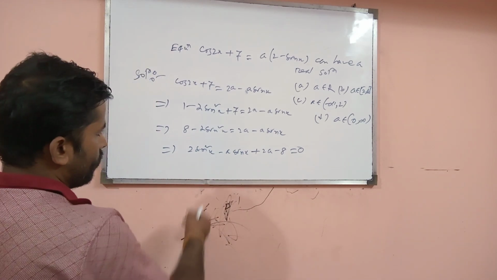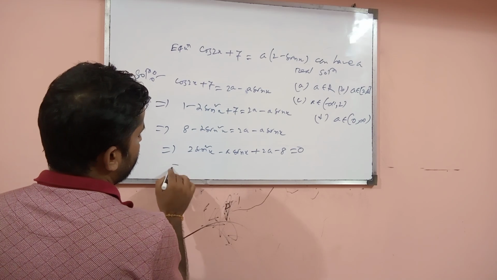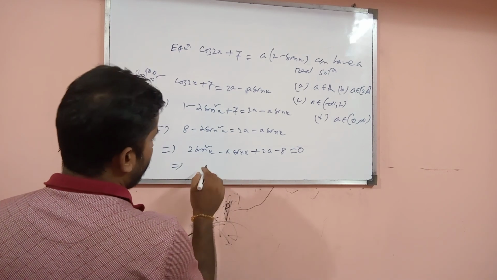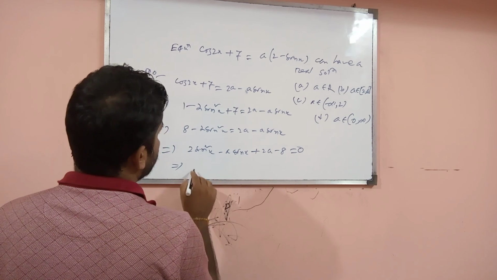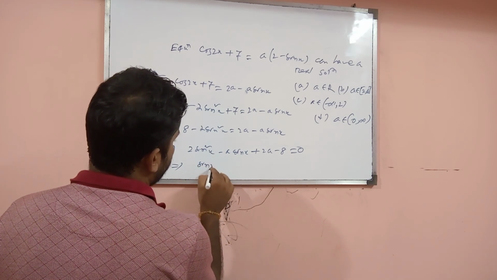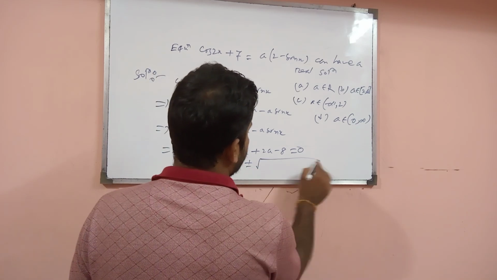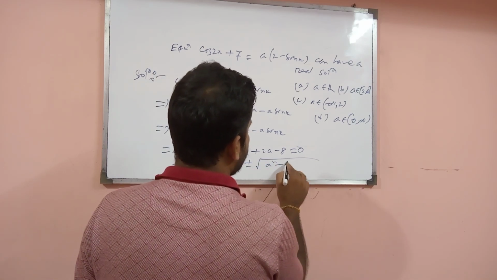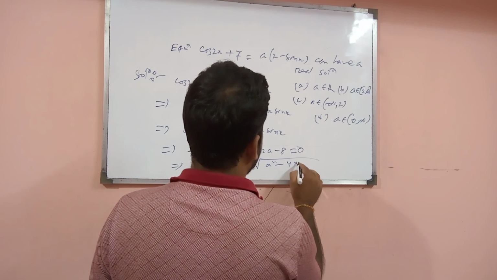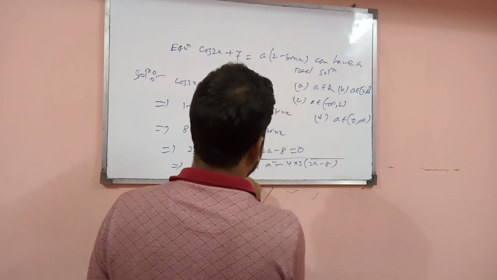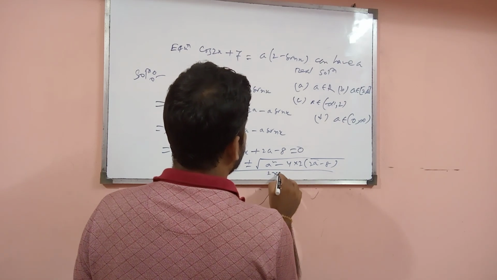Okay, so we can solve it using Sridhar Acharya's rule. It was like this: sine x is equal to a plus minus square root of a square minus 4 into 2 into twice a minus 8, divided by 2 into 2.